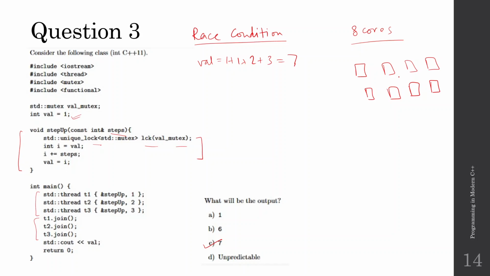But many times we want to run many tasks at once. For example, right now I am running Google Meet, I'm running PowerPoint, and I'm also recording the screen. So we might have to run many tasks simultaneously. In that situation, we need concurrency to do all these tasks simultaneously.